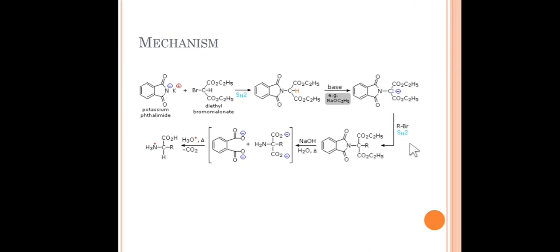Especially we should think about the side chain of the alpha amino acid, and this side chain will be introduced in the form of R. After that this extra CO2Et group is removed by hydrolysis, and we get the alpha amino acid as our final product. So this is how the modified Gabriel synthesis, or simply Gabriel malonic ester synthesis, helps us for the formation of alpha amino acids.